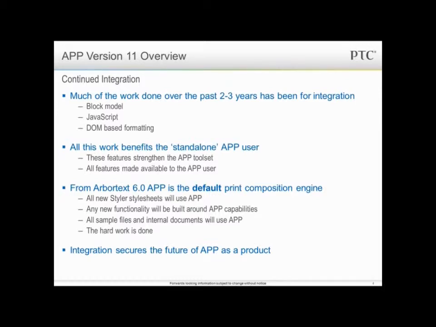Things like the context matching stuff make it a lot easier to build templates based on what they were before. So hopefully all of this stuff has also benefited the product, and we can have a look at the features that have gone into version 11 to enhance that again further.